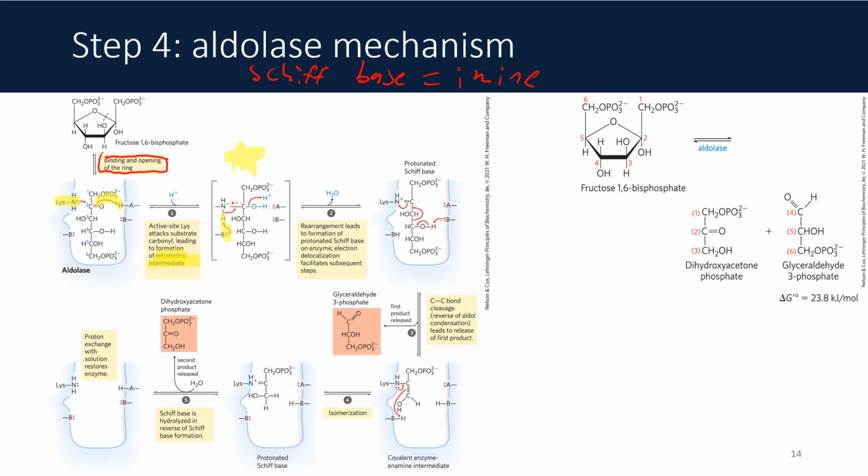These electrons will seek out a proton via acid-base catalysis, and it will completely remove that OH and dehydrate it as a water molecule that will diffuse away. And this finalizes the formation of our Schiff base.